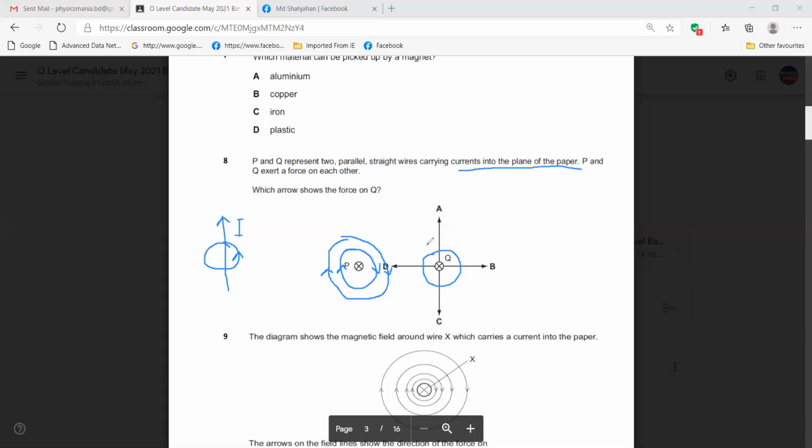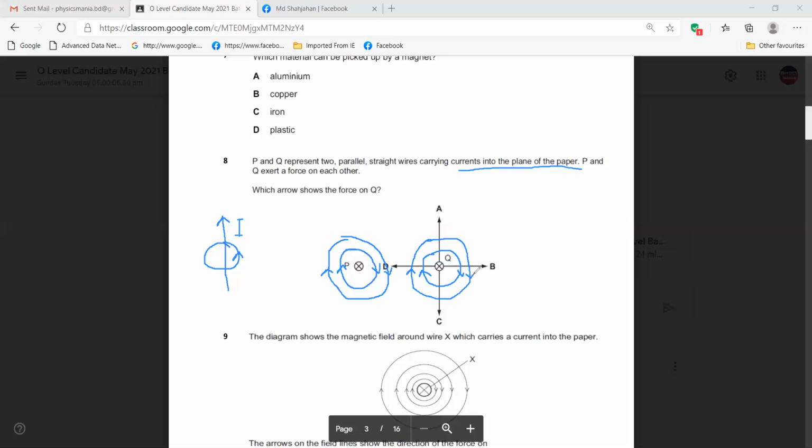That's it. Now for this one also same, right? Both are into the paper. Then here we are getting this way again, clockwise.